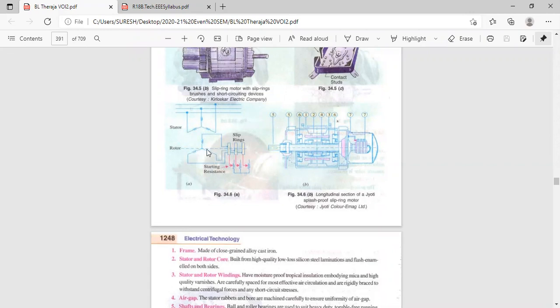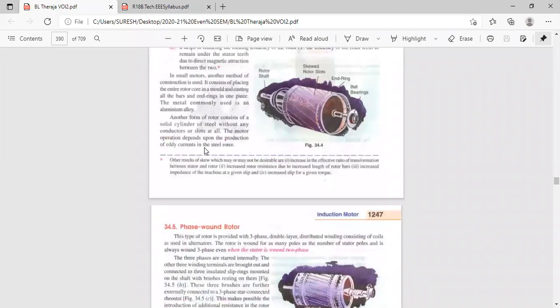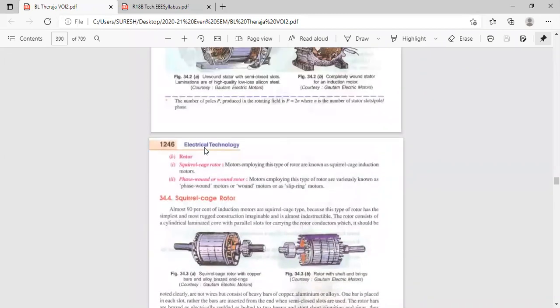There are two types of rotors. What are those? No, I'm not asking about windings, I'm asking about rotors. Rotor is of two types. One is squirrel cage rotor and the other is slip ring rotor.